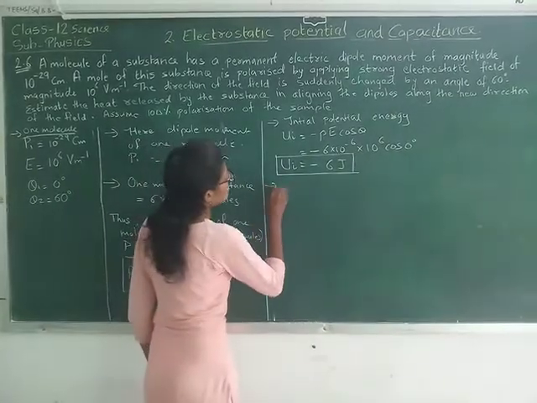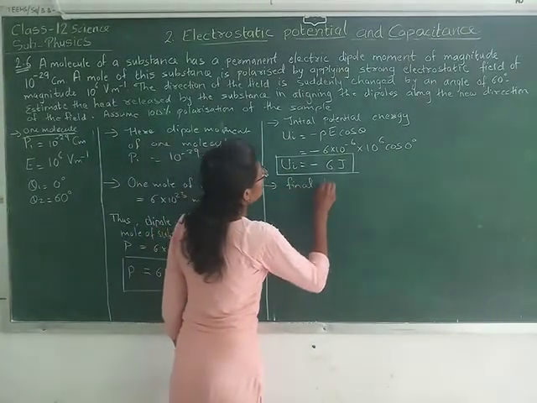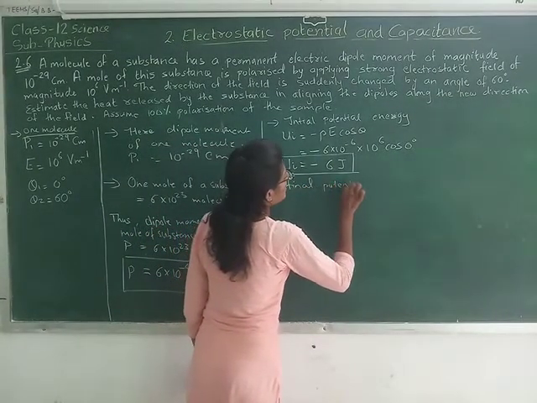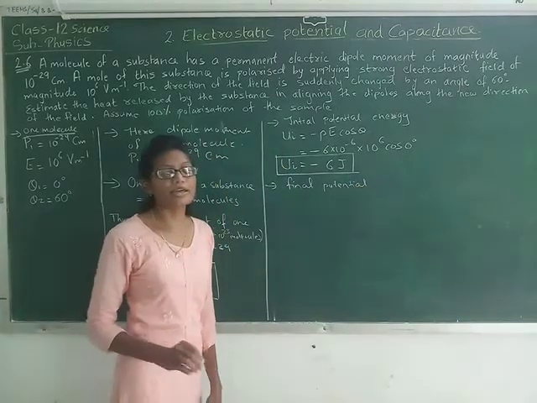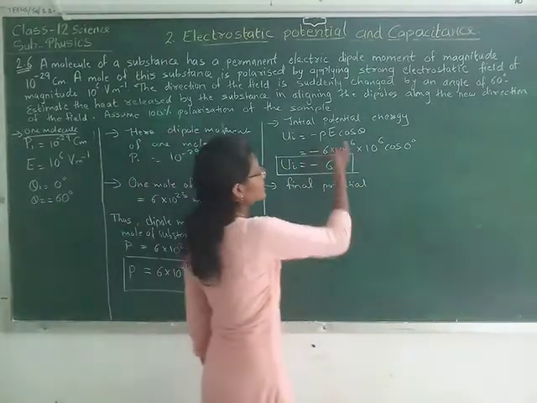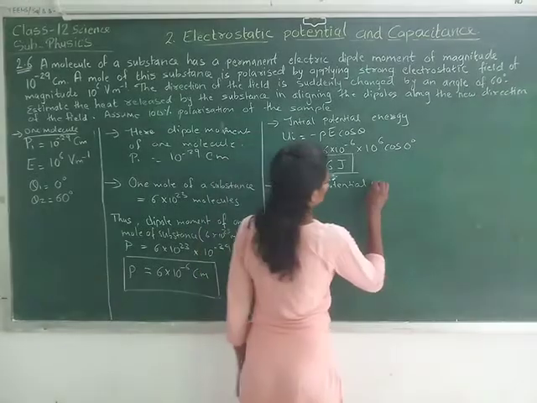Now we will be finding the potential energy in the case where the angle between P and E is 60 degree.